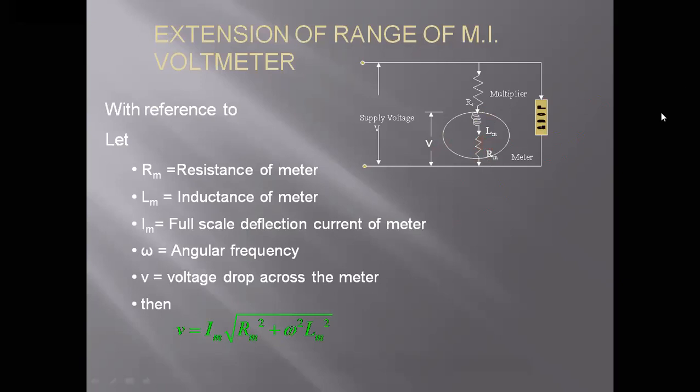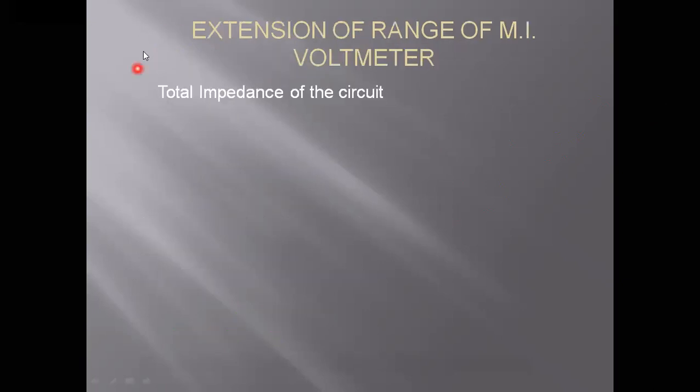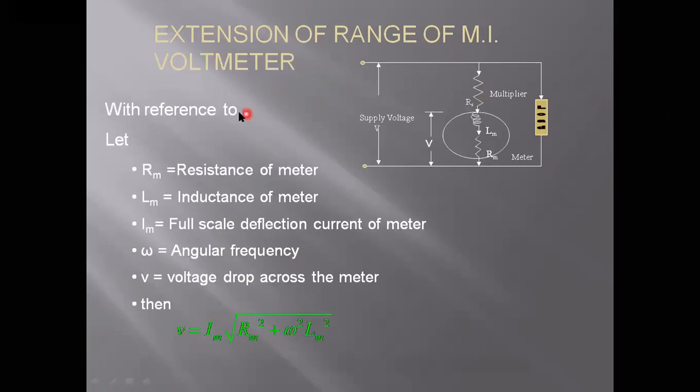If we just write here, small v would be current into impedance of the meter, which is Im into (Rm plus j omega Lm).